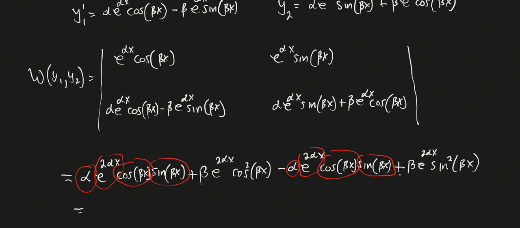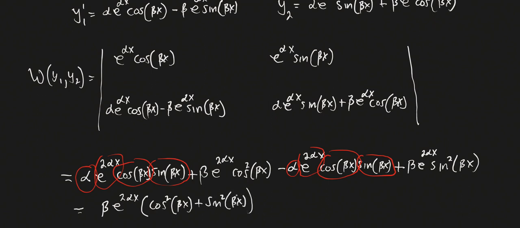We have beta, and then e to the 2 alpha x. Those are common factors, and if I factor that out, I'll be left with cosine squared beta x plus sine squared beta x.